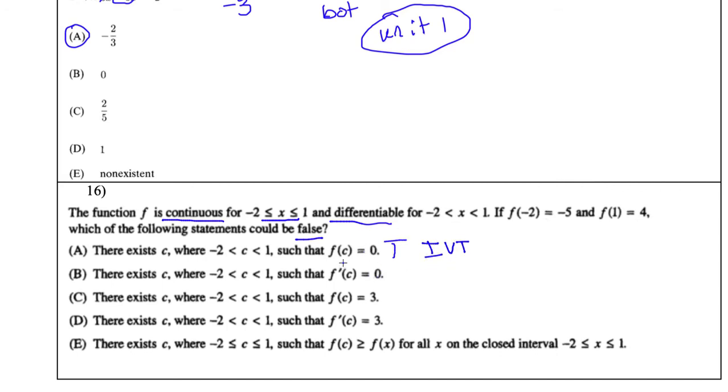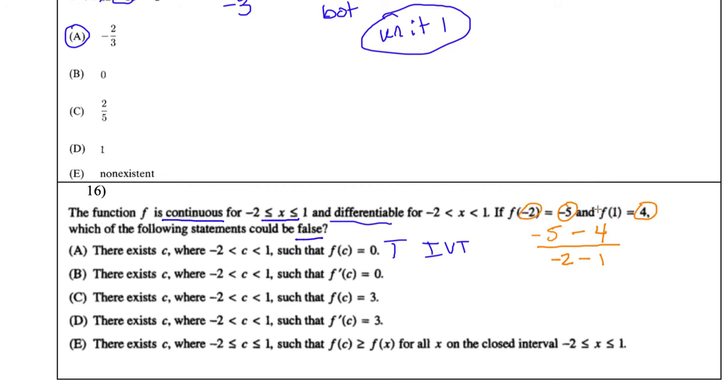B is talking about the derivative. Derivative is MVT. Now I have to do some math. MVT states, I'll do this in yellow as my scratch work, negative 5 minus 4, all divided by negative 2 minus 1. This is the slope. You do delta y over delta x, essentially.